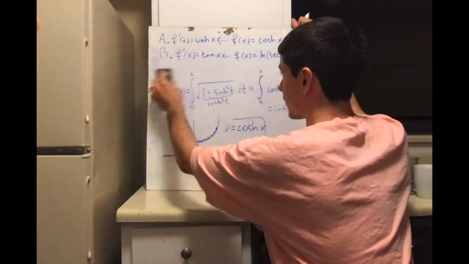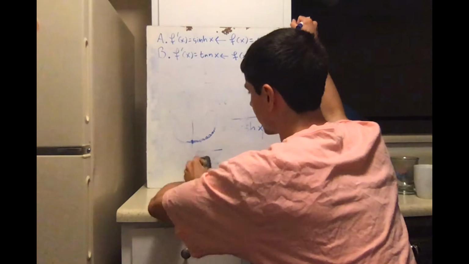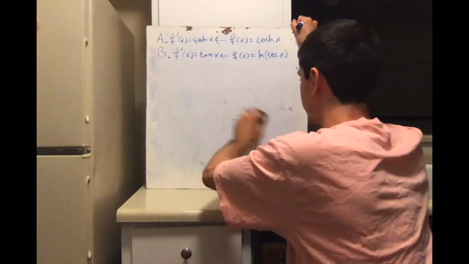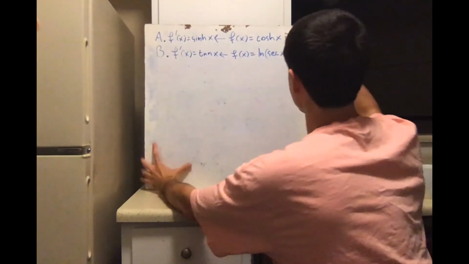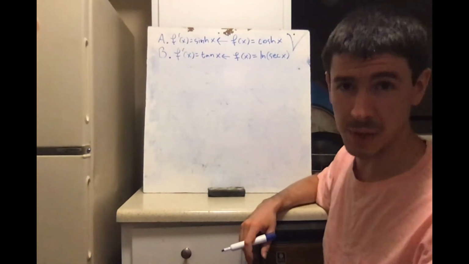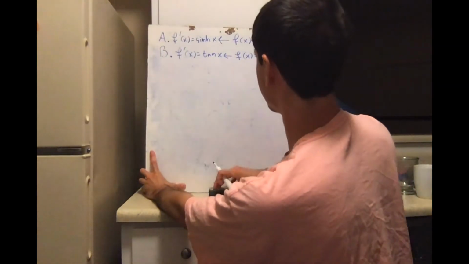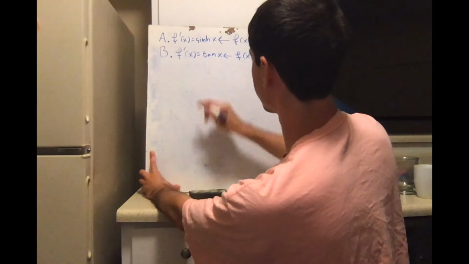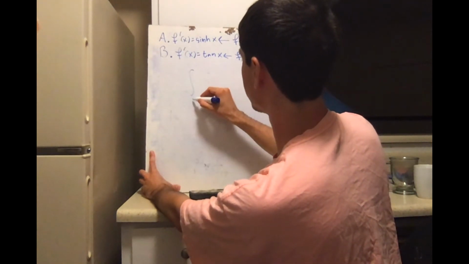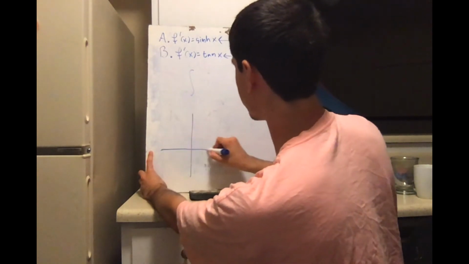So let's go back to case B. So case A, check, done with that. Case B. So for case B, I should draw the curve and say where we're going to start from.